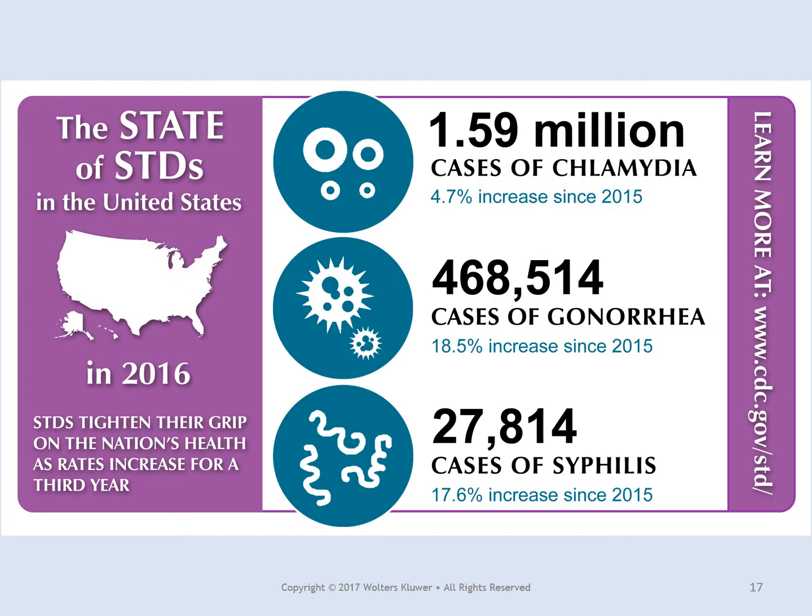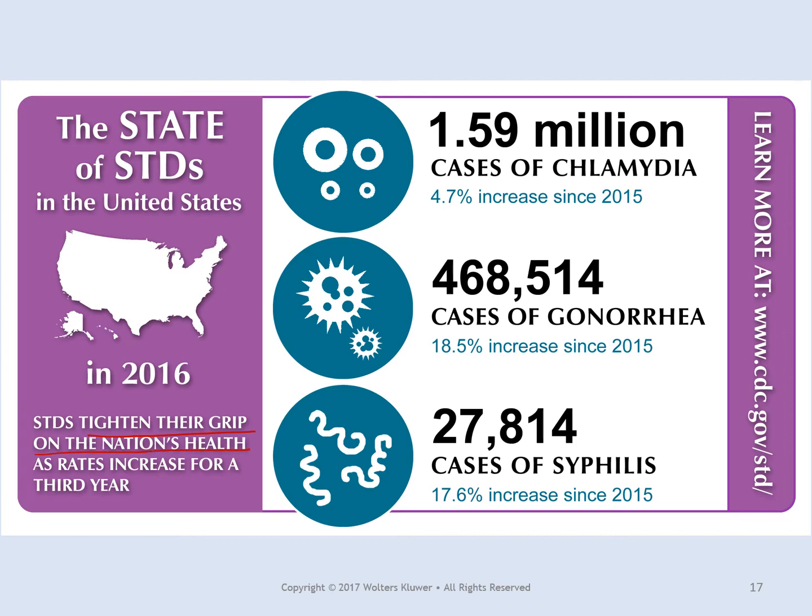All right, STDs. This is data from 2016. I haven't found the most recent stuff yet. So I like this. STDs tighten their grip on the nation's health as rates increase for a third year in a row.